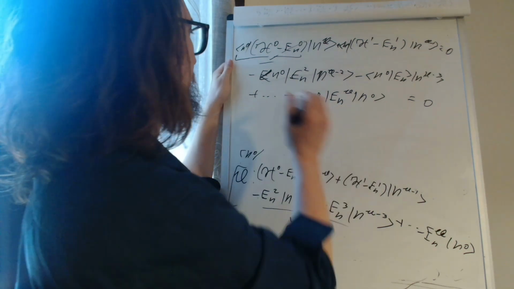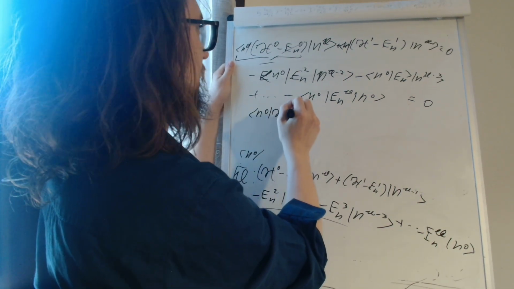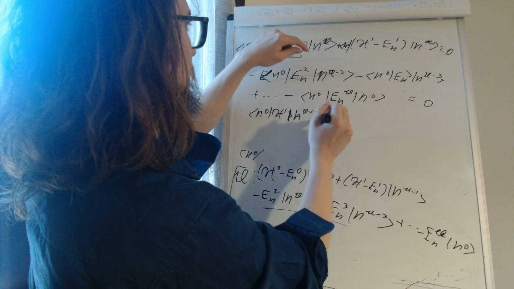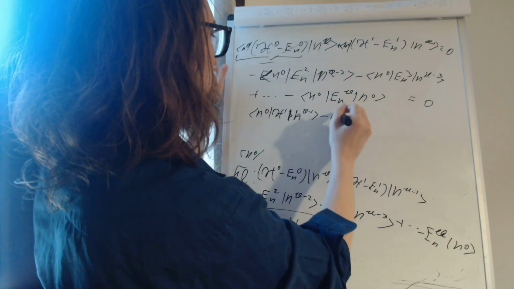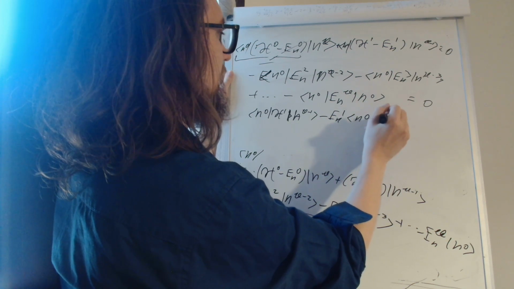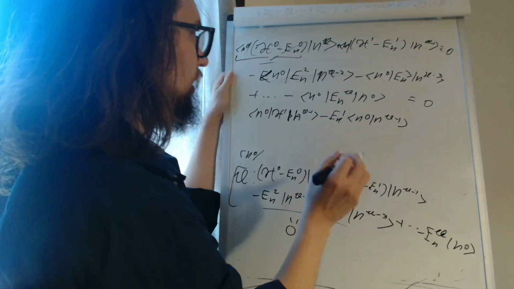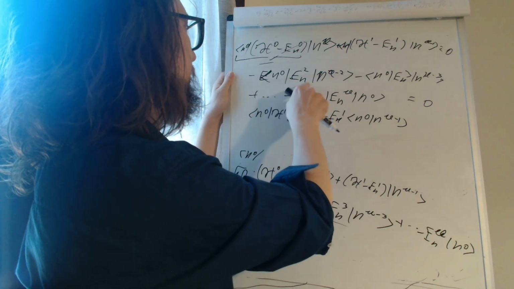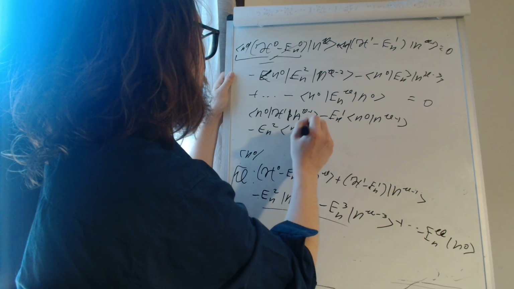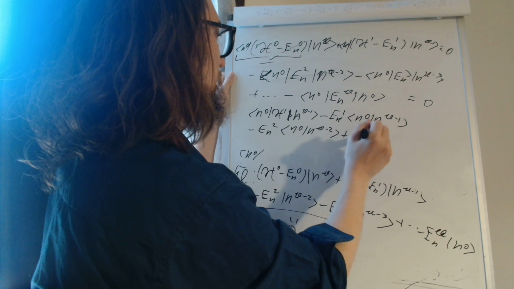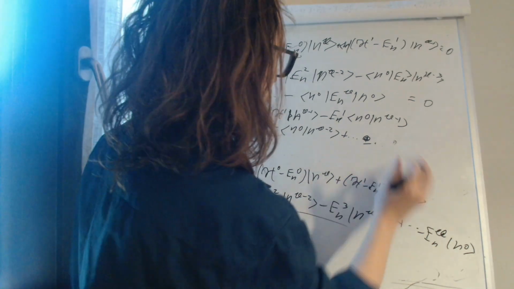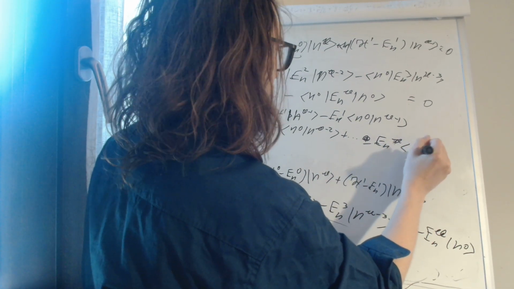Here instead we have n0 h1 n(k minus 1) minus, we can take this out and we get e n1 times n0 n(k minus 1), and then we only have terms with e n, and so we get minus e n2 n0 n(k minus 2) and so on up to minus e nk times n0 n0.